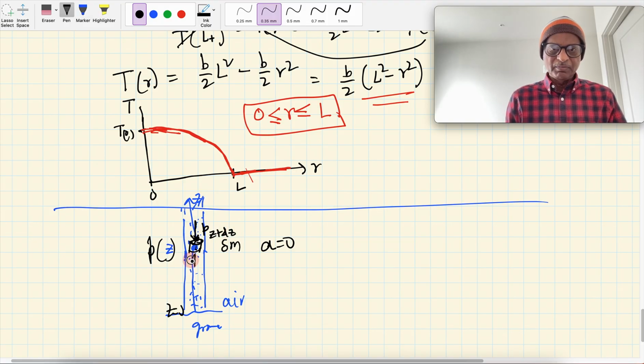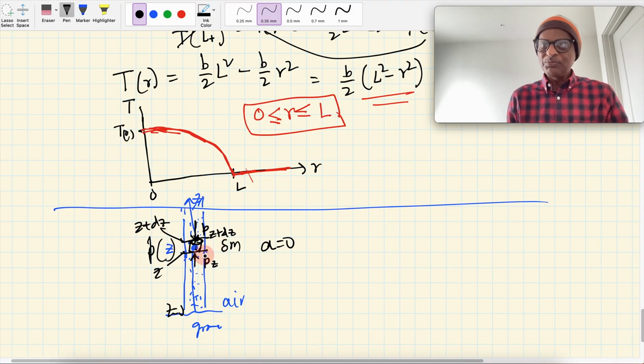On the bottom, the pressure is at z. This height is z, this height is z plus dz. So those are the only forces, apart from the weight. The pressure applies over the area of cross section, say, let's call it delta A above, and below is the same delta A.